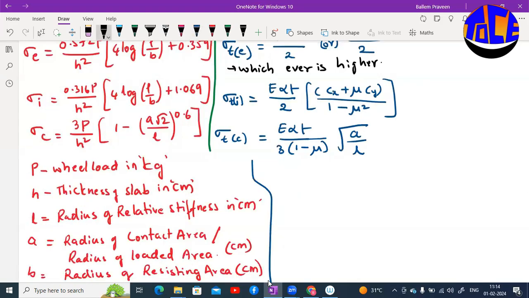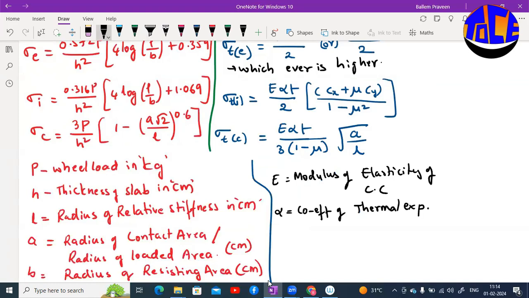Okay. Here E, we know, is Young's modulus or modulus of elasticity of cement concrete, and alpha is the coefficient of thermal expansion.